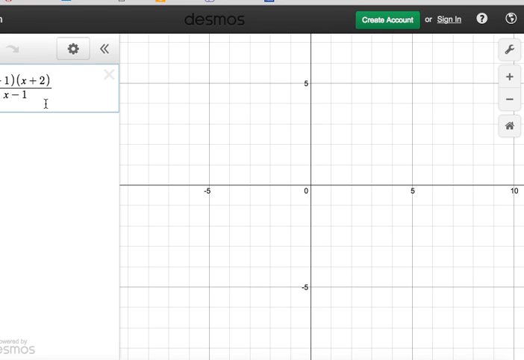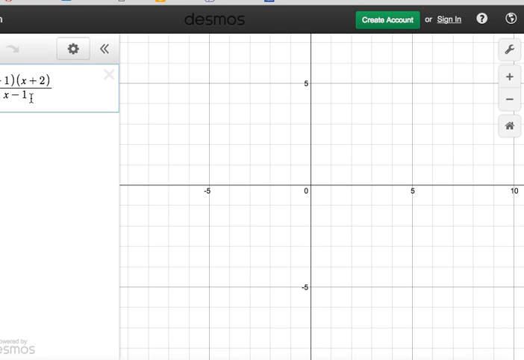According to what we have so far, this would have a 0 when x is 1 because of the x minus 1 factor in the numerator, and an asymptote at x equals 1 because of the x minus 1 factor in the denominator. But obviously it can't have both of those things at the same time.